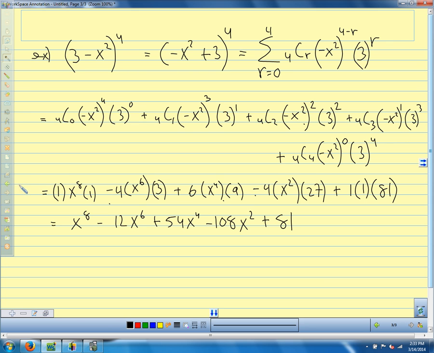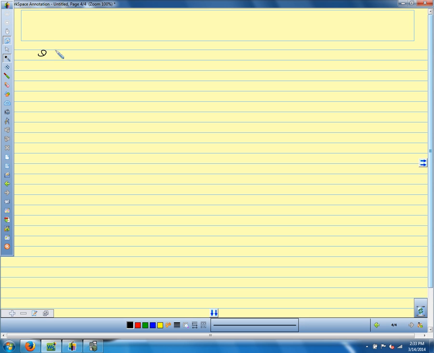Okay, a couple of things to be careful with. I'm not going to expand this next example, but I want to point out a couple of things. Let's say we had (3x minus y) to the 4th. Like I said before, the minus sign has to stay with this term. The 3 has to stay with this term.